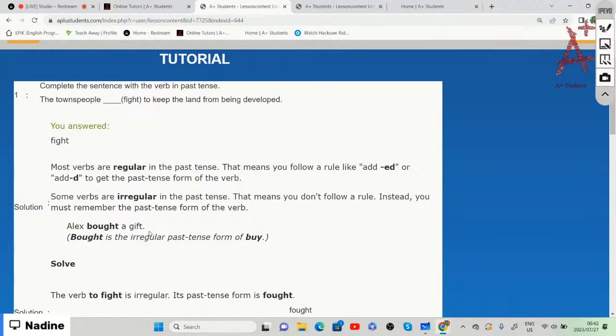Now we need to complete the sentence with the verb in the past tense. The townspeople fight to keep the land from being developed.